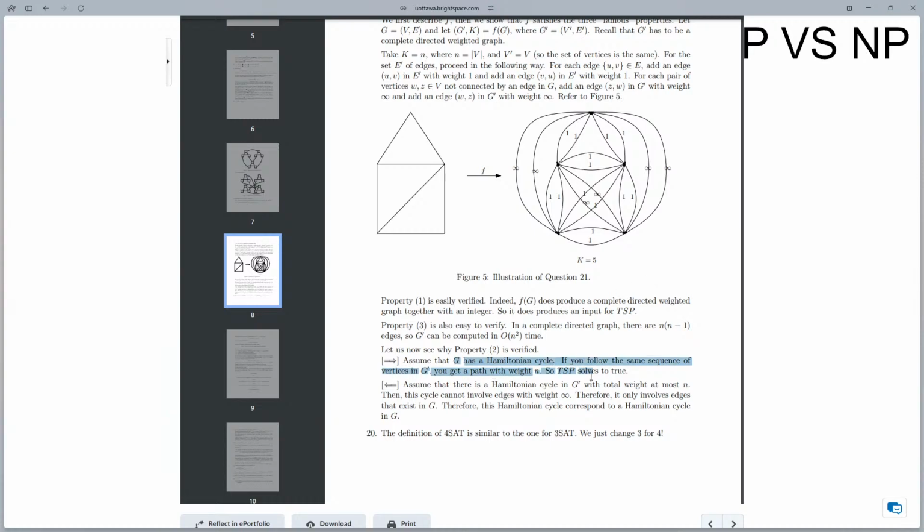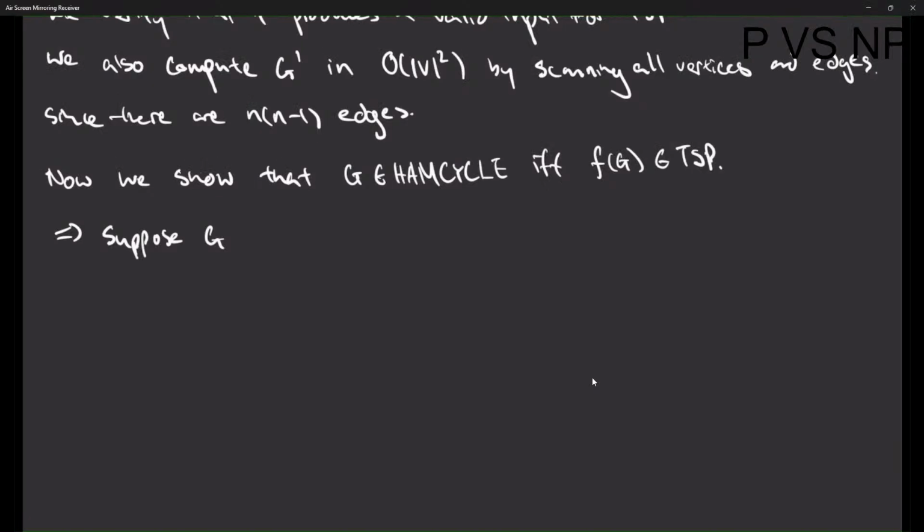Oh, she has it. Okay, I'm pretty stupid. It should be, if you want the same sequence, power weight n. Okay, yeah, that's true.